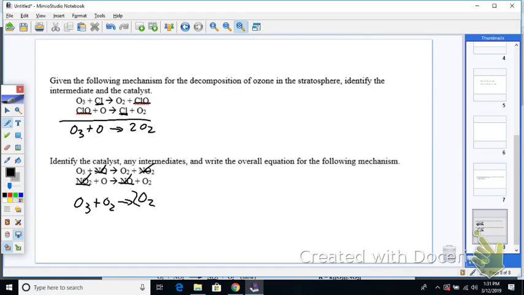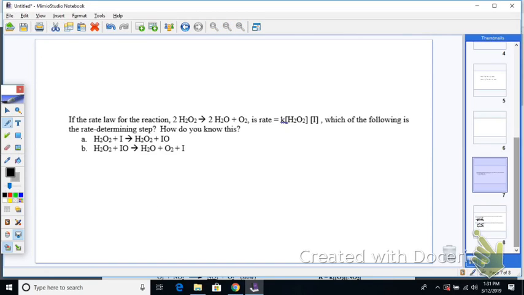I got one more. Let me see if I can find it. I want you guys determining which of the following is the rate determining step. I haven't put a fast or slow there.